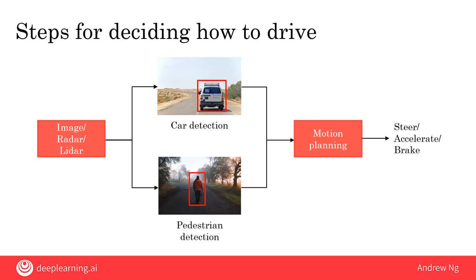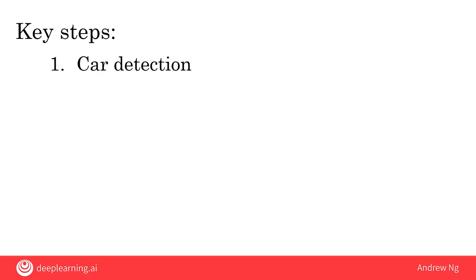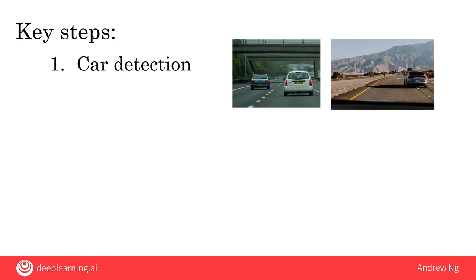Let's look at the three key steps of car detection, pedestrian detection, and motion planning in more detail. Car detection uses supervised learning. So you've already seen how a learning algorithm can take as input pictures like these and output the detected cars. For most self-driving cars, rather than using only a front-facing camera, a camera that looks forward, we'll also often use cameras that look to the left, to the right, as well as to the back, so you can detect cars not just to the front, but all around it.